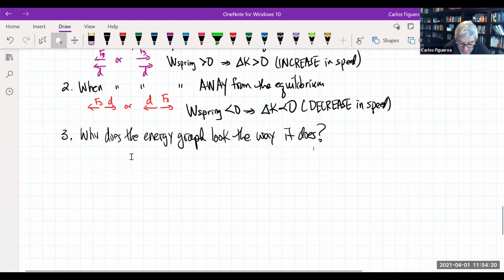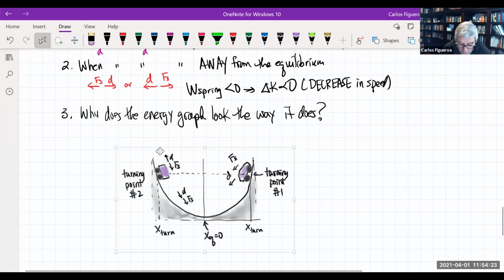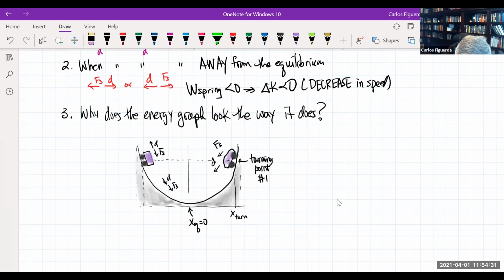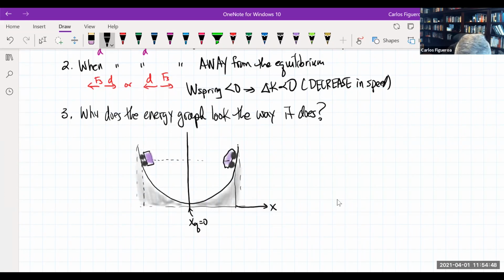So let's plot this thing here. So if you're looking at this thing, look what I'm really plotting here. Okay, let's take some of the stuff out, so we don't want to look at that. And what you're seeing here is that this plot of the cart is really what? If this is position, this is the energy of the spring. And what's the energy of the spring? 1/2 kx squared.